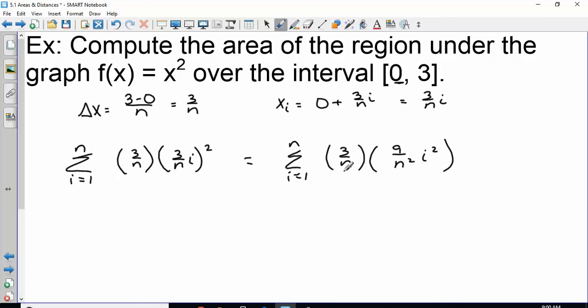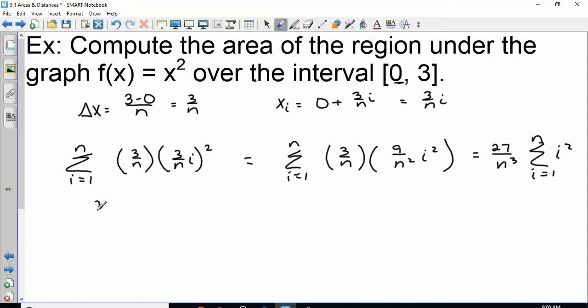The i is really the only thing we're adding up. These are just coefficients, so we could pull those out. So 3 times 9 is 27 over n to the third. You can pull that out in front of your sum if you want.